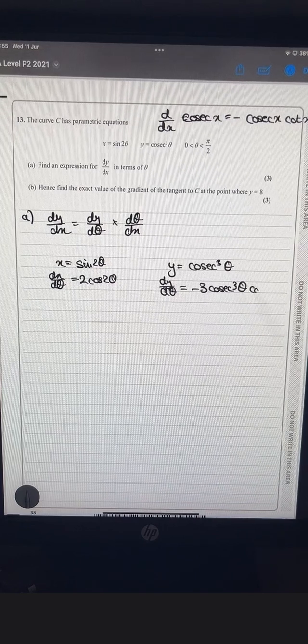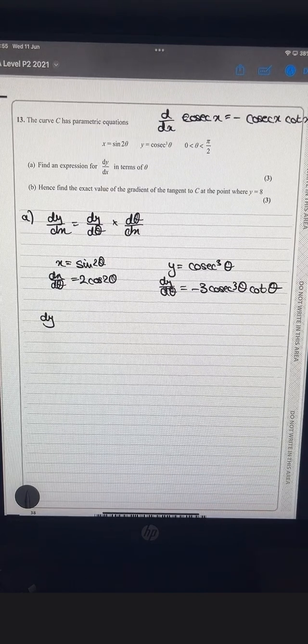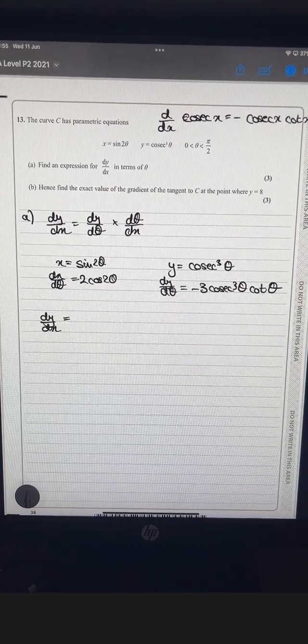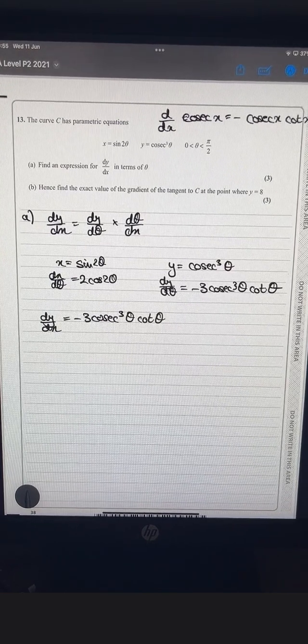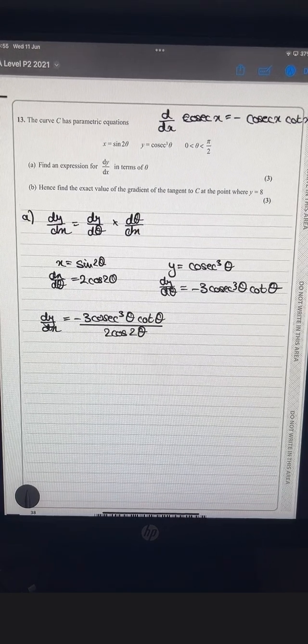All I have to do is multiply those. So dy by dx is equal to negative 3 cosec cubed theta cot theta over 2 cos 2 theta, and that's it, because I took the reciprocal of that. All right, cool. That's how I do part A, parametric differentiation.